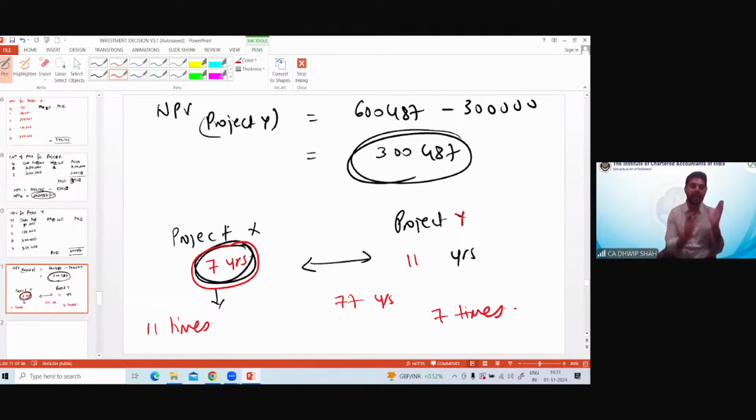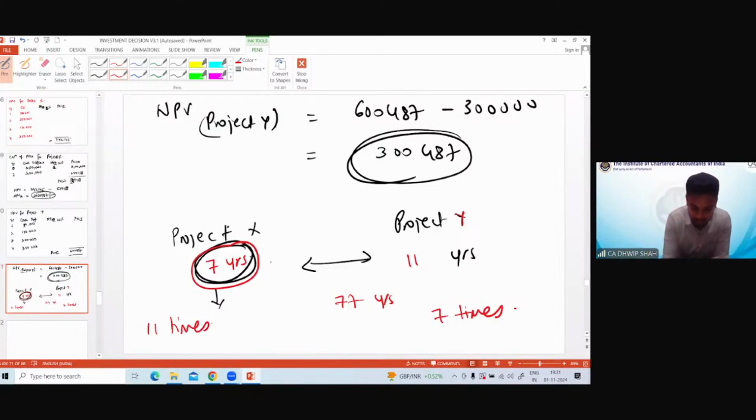So can I say the calculation will be very complicated and time consuming? Yes or no? Are you understanding? See, the current illustration was very simple, 2 and 4. So just repeat the project one more time, and you will get the life to 4 years.